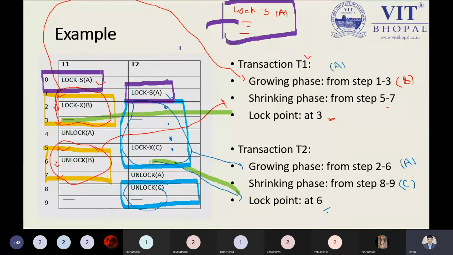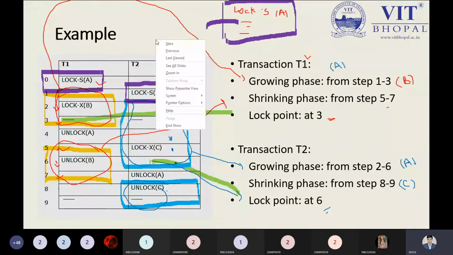But in the case of the lock XA, this can be identified where we have all the things. So after the lock XA, we can start. It's your choice from where we start, what the growing phase is, and what the lock phase is. Now, I can also consider this point right now as a growing phase.